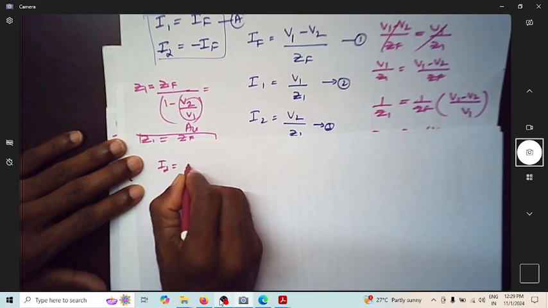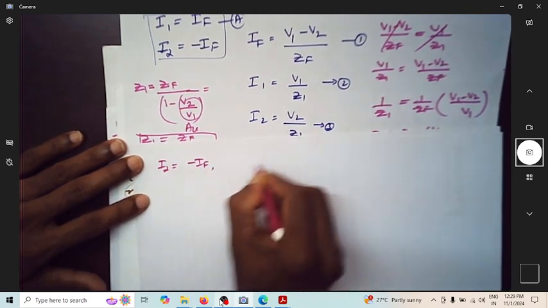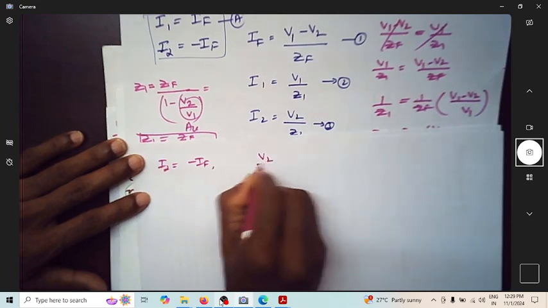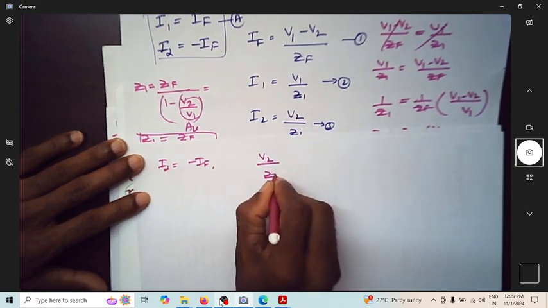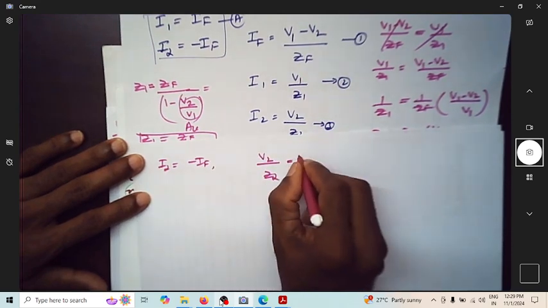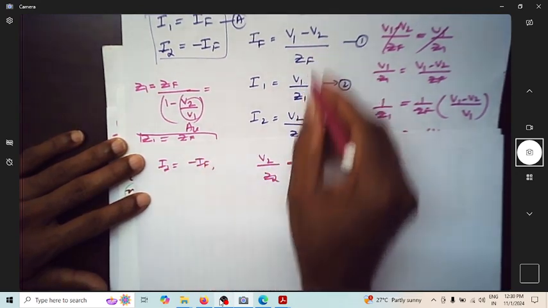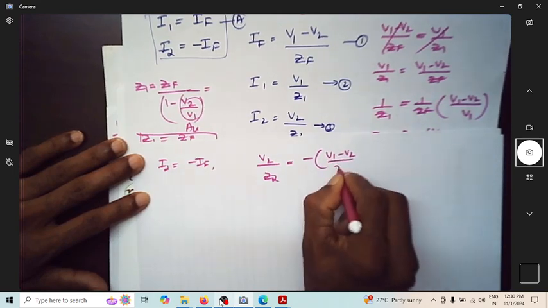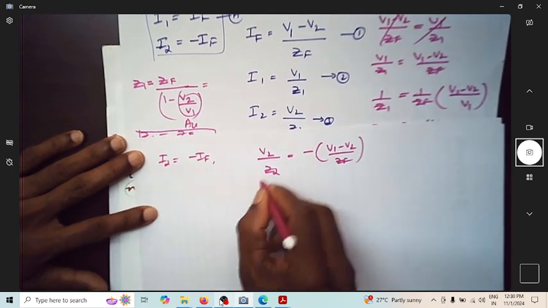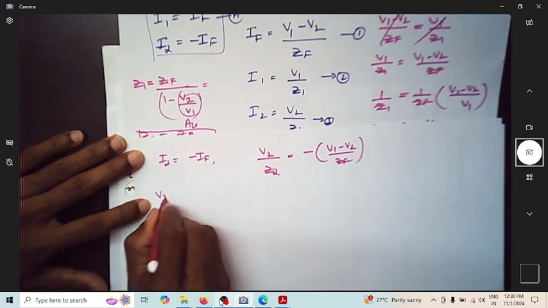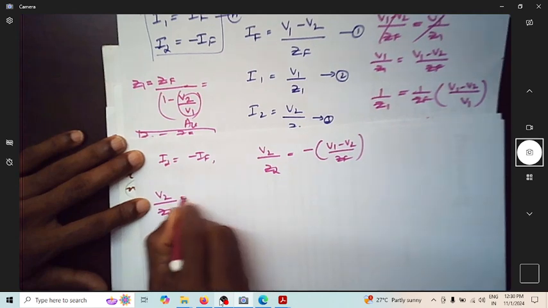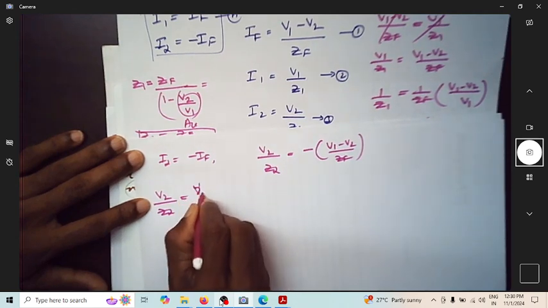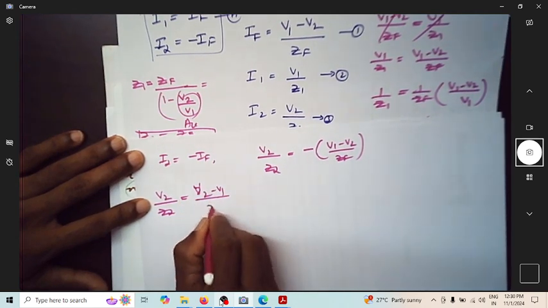I2 is equal to minus of IF, where I2 is given by V2 by Z2 and minus of IF is minus of V1 minus V2 by ZF. So if I rewrite this, it is V2 by Z2 is equal to V2 minus V1 by ZF.